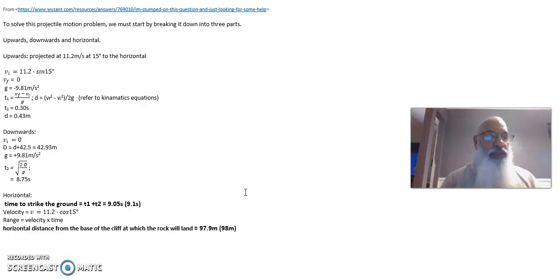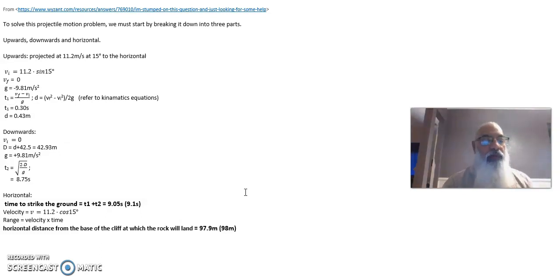Okay, so for the upwards part, remember that the velocity is 11.2 meters per second along a direction that is 15 degrees to the horizontal. Because it's 15 degrees to the horizontal, we apply our little vectors or trigonometry. Then the velocity in the vertical direction will be 11.2 meters per second times sine 15 degrees.